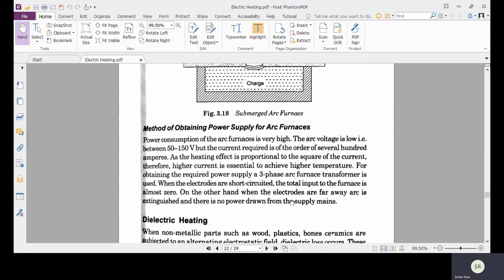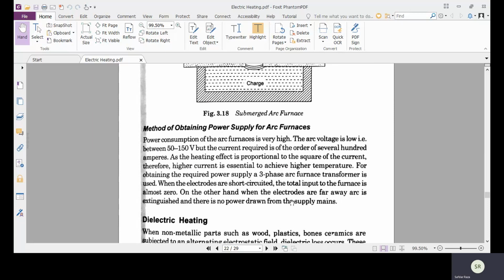In today's lecture, we have discussed high frequency eddy current heating, its basic working principle, and on the basis of the equation we can determine how the eddy current loss is controlled.